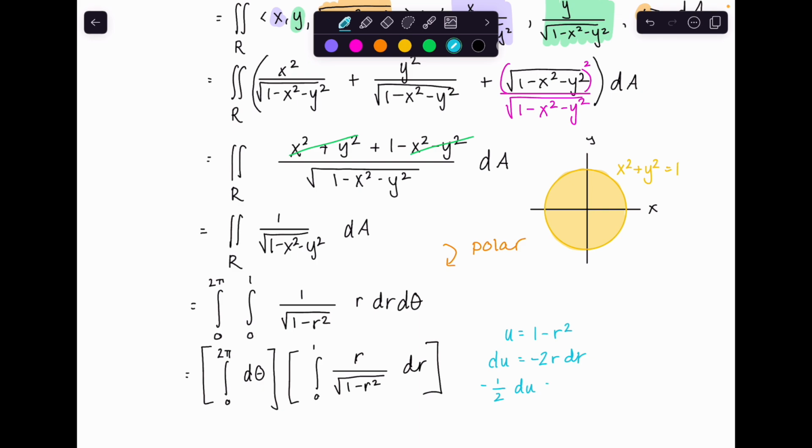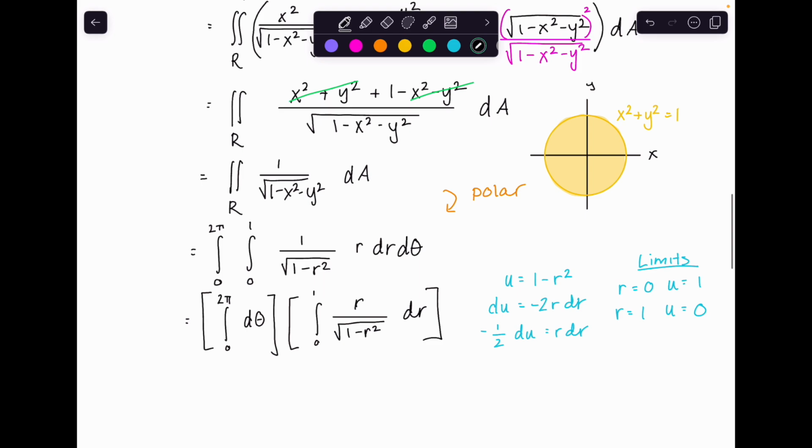Negative a half du is r dr. Then I'm also going to go ahead and change those limits. So if r is equal to 0, my u is 1 minus 0. When r is 1, u is 1 minus 1, so the bound goes to 0.